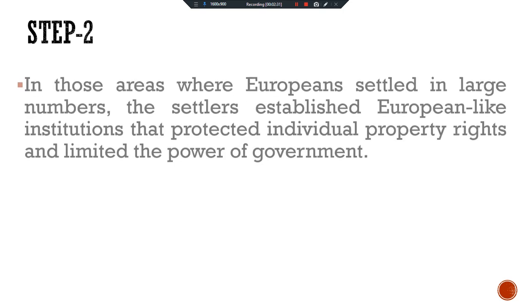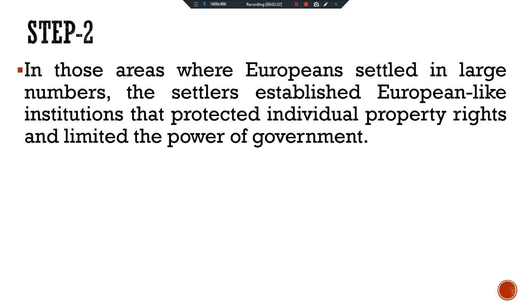Second step. In those areas where Europeans settled in large numbers, the settlers established European-like institutions that protected individual property rights and limited the power of government.